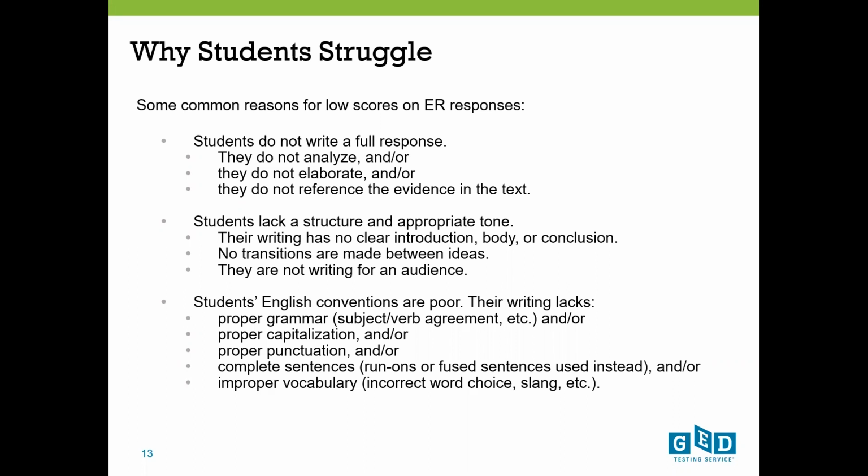And sometimes that can kind of overlap with the problem of appropriate tone. They might be using incorrect word choice or using too much slang, and again, sounding as if they're just having a conversation with friends instead of using a more formal tone that you would expect to see in a piece of writing for an audience.